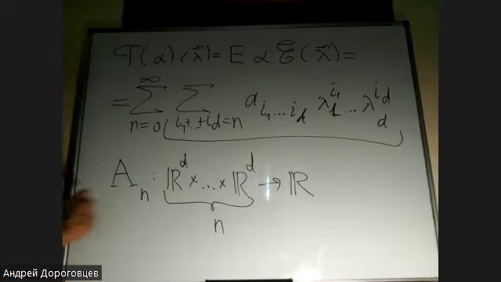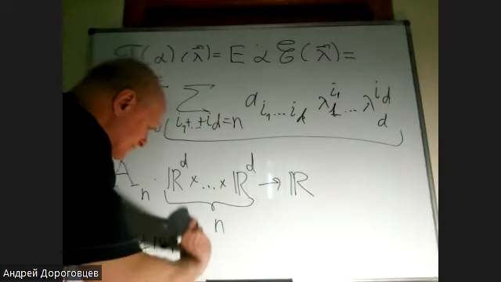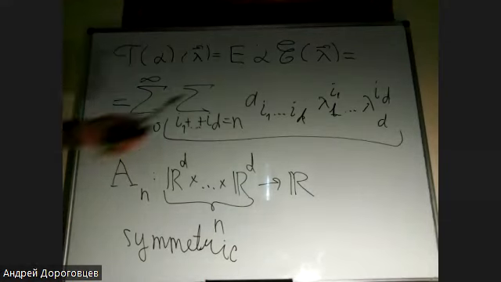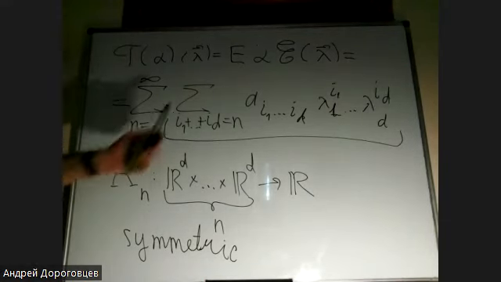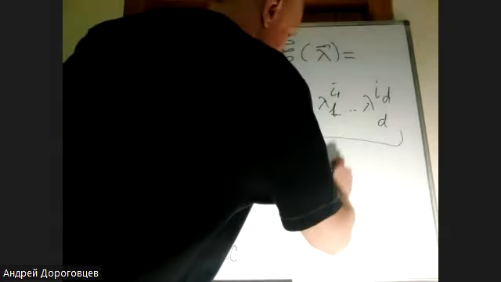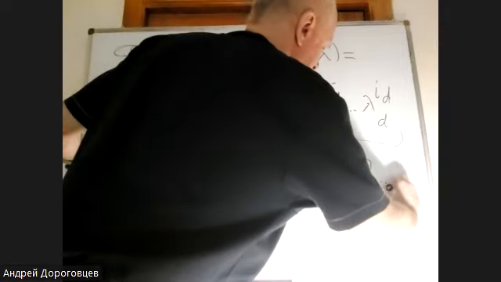And if we suppose that AN is symmetric, then we have one-to-one correspondence between AN and such set of coefficients. Moreover, I can say that AN from lambda lambda will be exactly this.